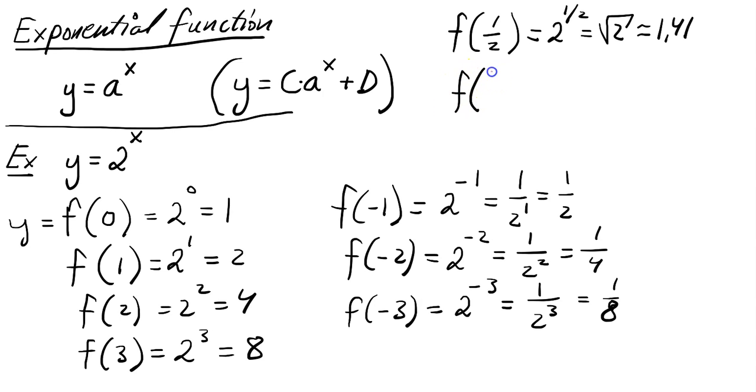Or 3 halves: 2 raised to the power of 3 halves. Put into a calculator, this is roughly 2.83. And so on. So we can calculate this function for any x. And if we plug them into a table and make a graph, you will get the examples we just saw in GeoGebra.